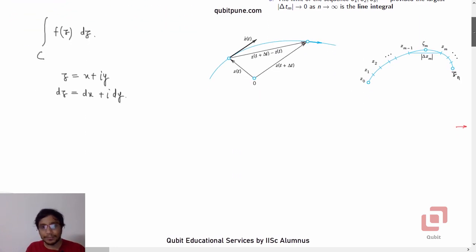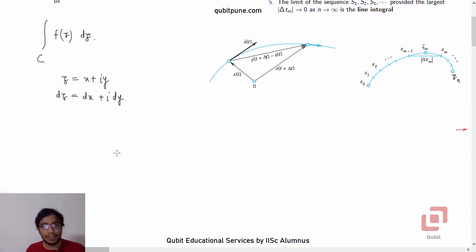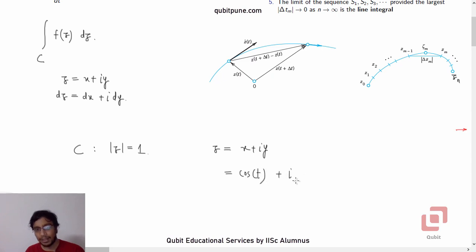For example, suppose our path of integration is the circle mod z equal to 1. This is the equation of the curve C involving z, but we can also parameterize this. If z is x plus iy, we may introduce the parameter t and write it as cos t plus i times sin t.